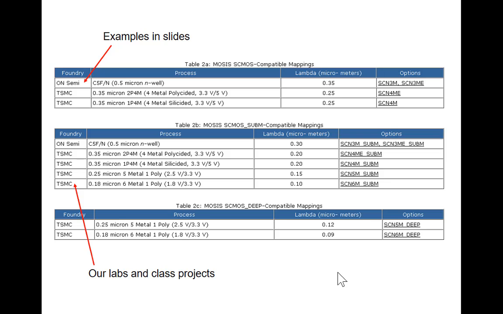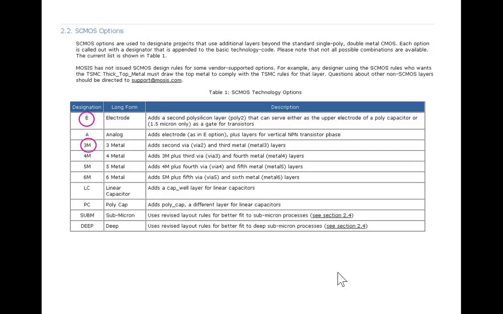Okay. And MOSIS also offers GlobalFoundries that are not listed there, and their naming is slightly different from these two. And here's a list of these different option names.